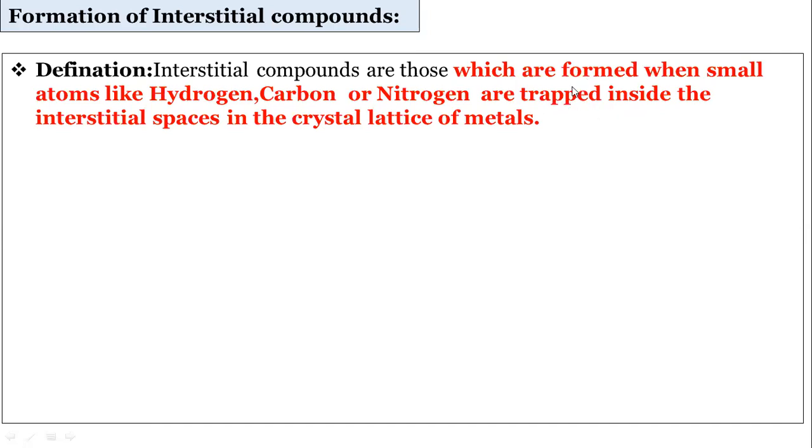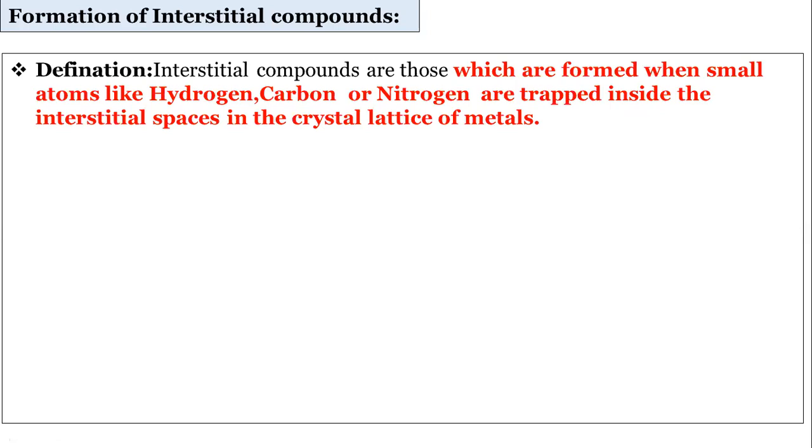So interstitial compounds means only physical trapping is there. Bonding is not there actually. These are trapped inside the interstitial spaces of the crystal lattice when the metal is formed, and these are actually defects.